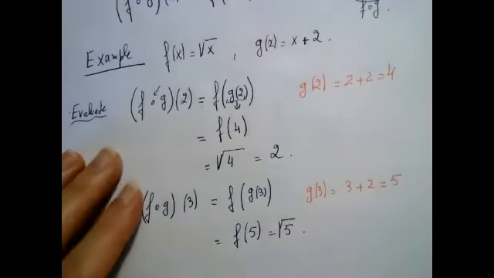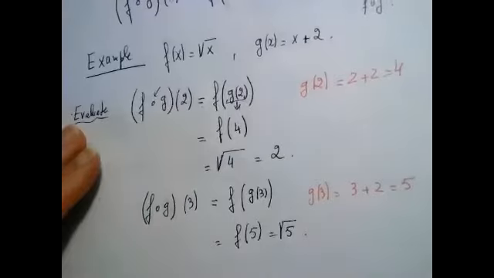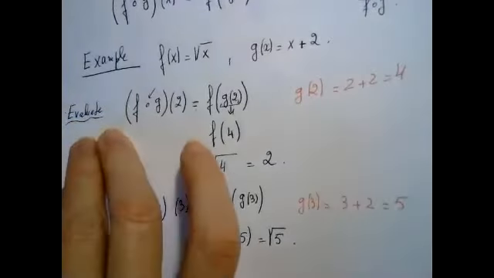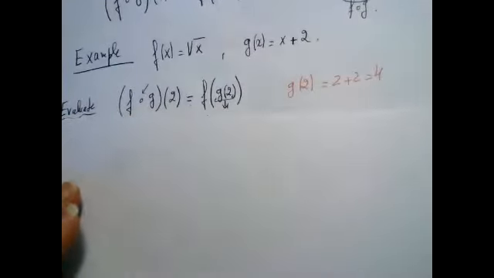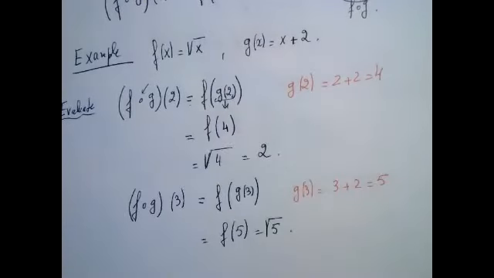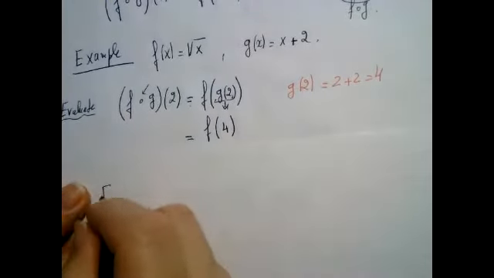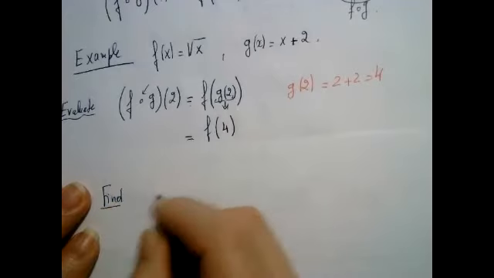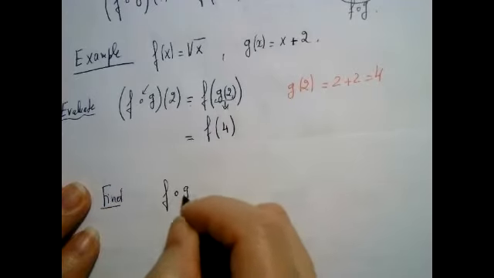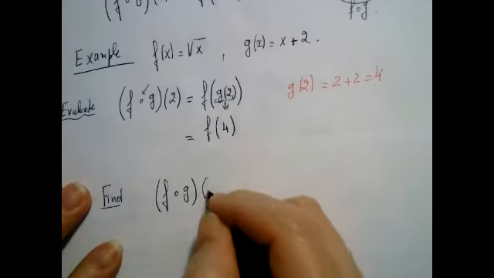Right? Now, again, I work with the same functions. I'm not going to change them. And my question is going to be, find a formula for f composed with g. Another way of asking that is, find f composed with g of any x.